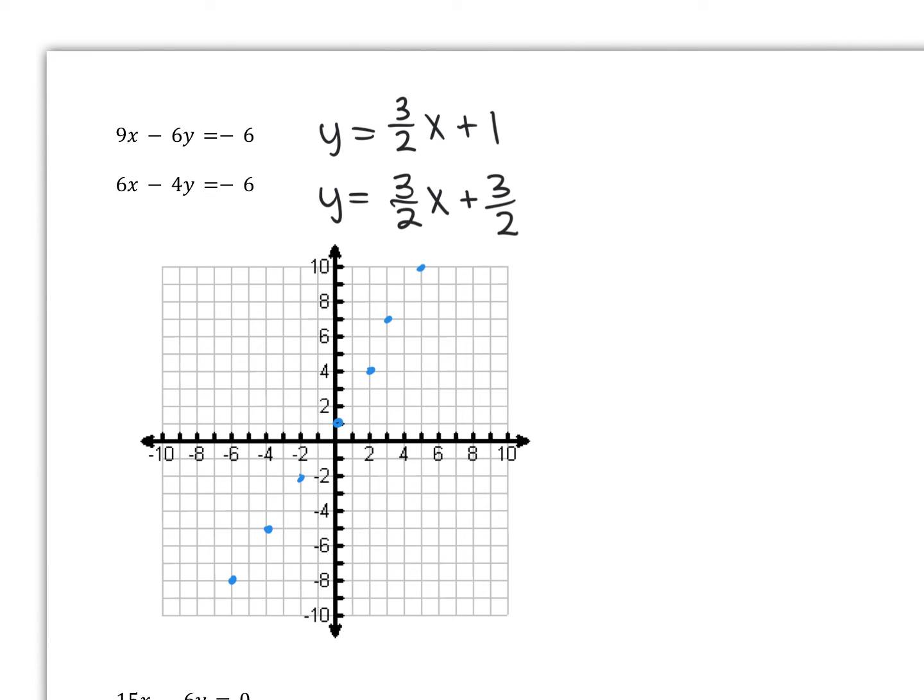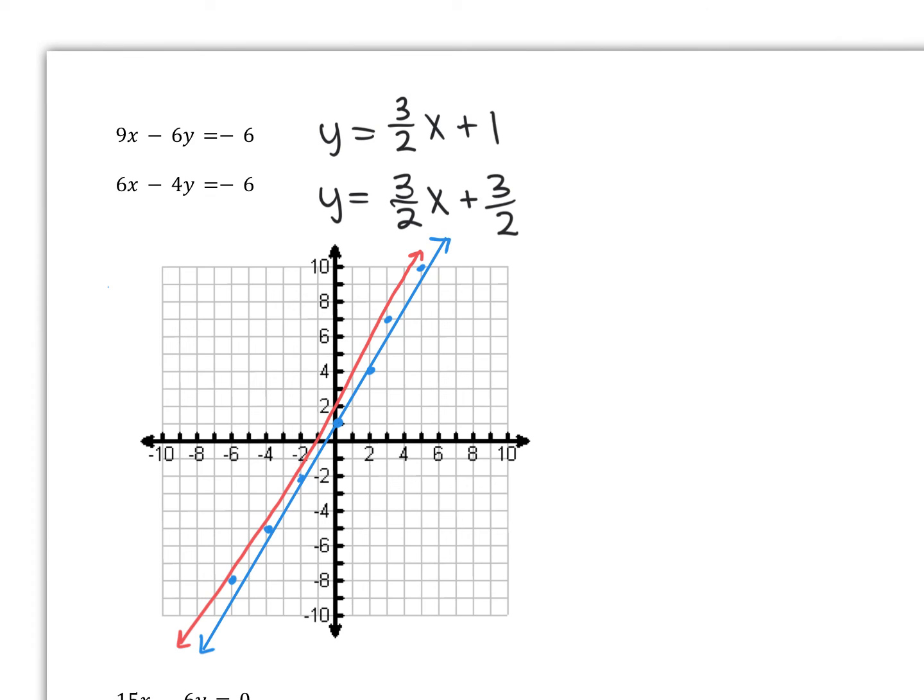It's going to be very hard to graph these because their y-intercepts are so close to each other. It's going to be very hard to graph so that they line up. So they're going to be pretty much touching.